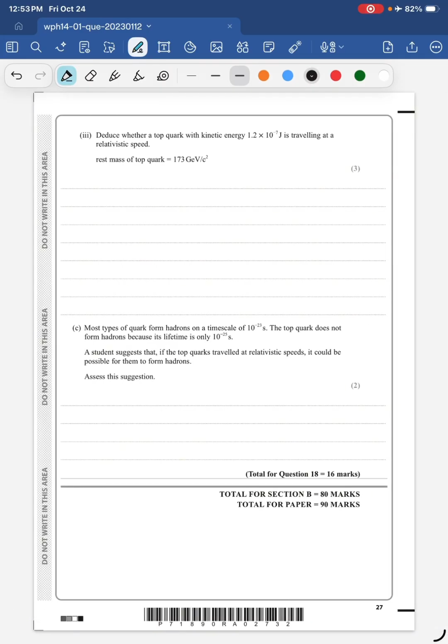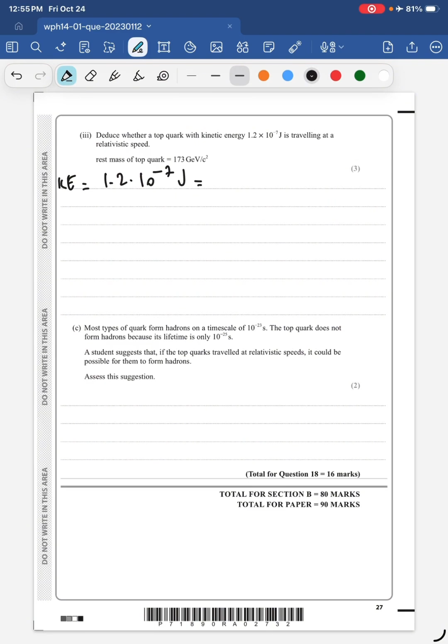Part 3. Deduce whether a top quark with kinetic energy 1.2 times 10 to the negative 7 joules is traveling at a relativistic speed. So we can convert that kinetic energy into eV. The kinetic energy is 1.2 times 10 to the negative 7 joules, and if we divide by 1.6 times 10 to the negative 19, and I will need my calculator, which I don't see.